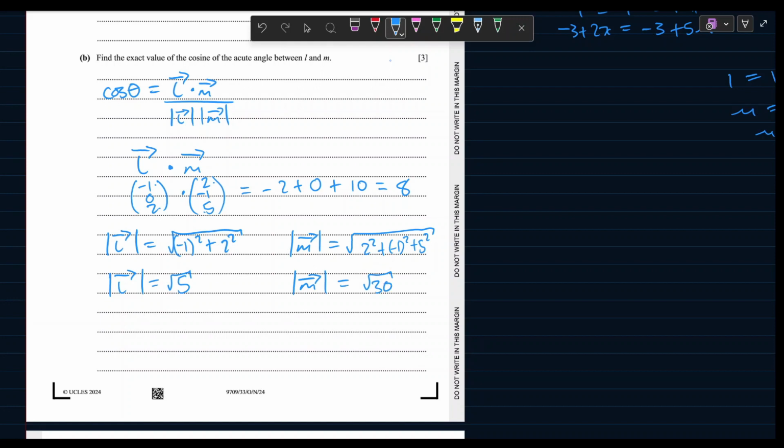And now we can simply substitute into this formula. We're saying cos theta is equal to 8 divided by root 5 times root 30.